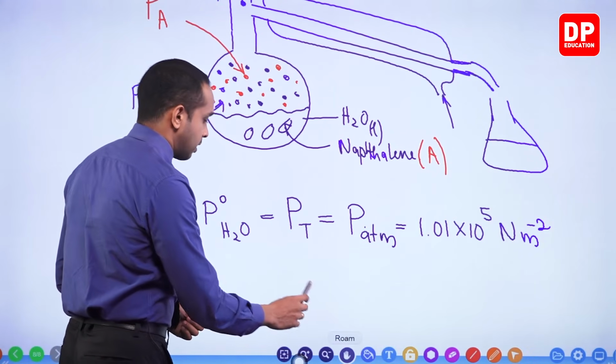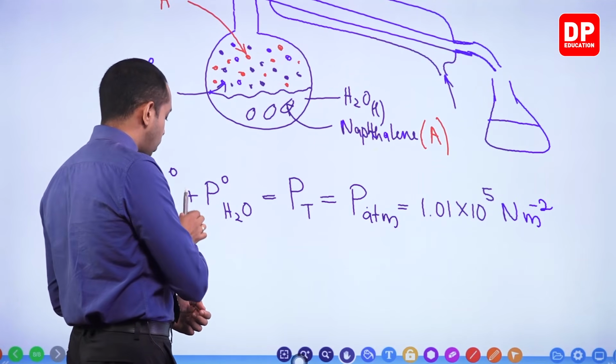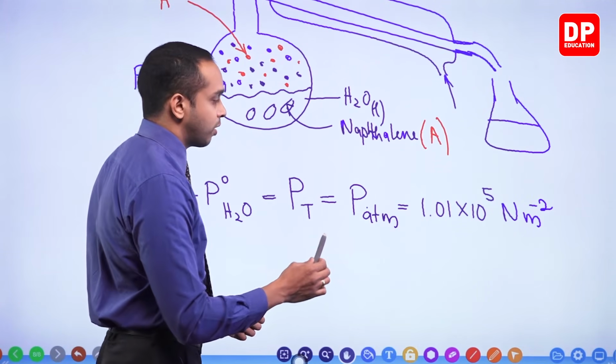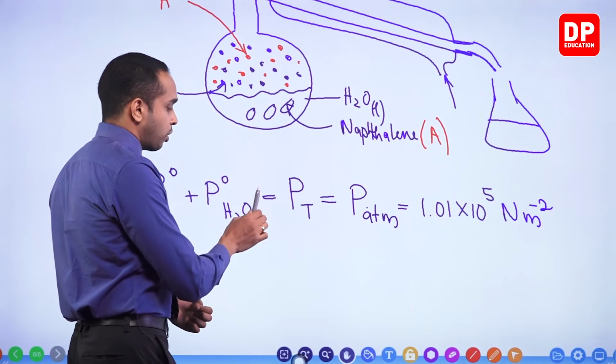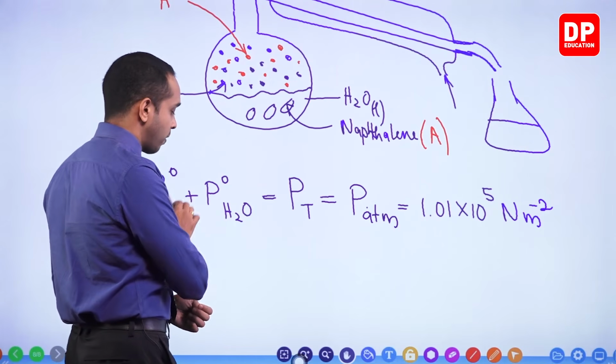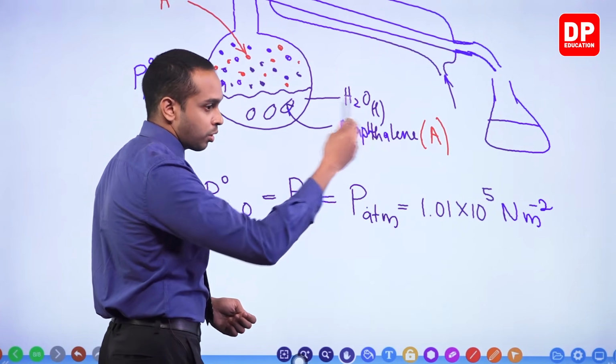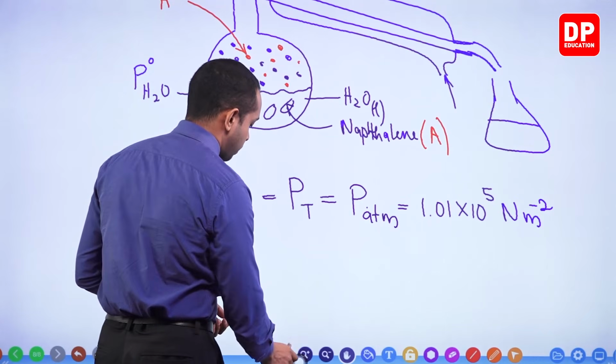So at 98 degrees Celsius, the saturated vapor pressure of water along with the saturated vapor pressure of naphthalene vapor is going to be equal to atmospheric pressure, which is 1.01 into 10 to the power 5 Newton per meter square.